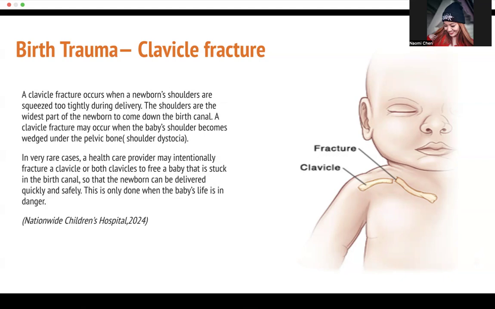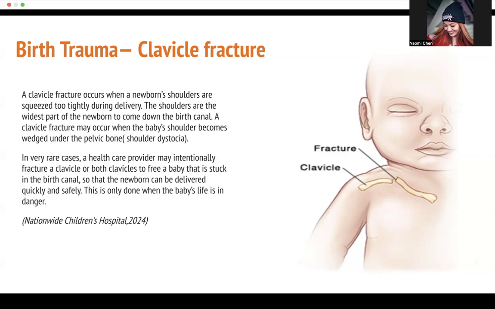In very rare cases, a healthcare provider may intentionally fracture a clavicle or both clavicles to free a baby that is stuck in the birth canal so that the newborn can be delivered quickly and safely. This is only done when the baby's life is in danger.